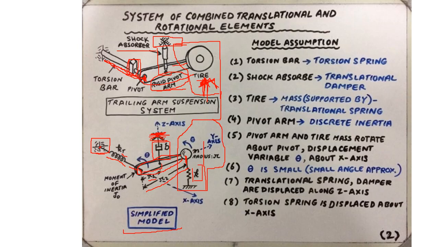Note that this system can be represented along three axes. The first of them being the x-axis, about which the torsion spring is going to rotate. So this theta rotation is taken along the x-axis.